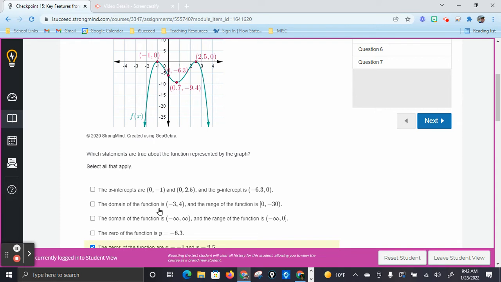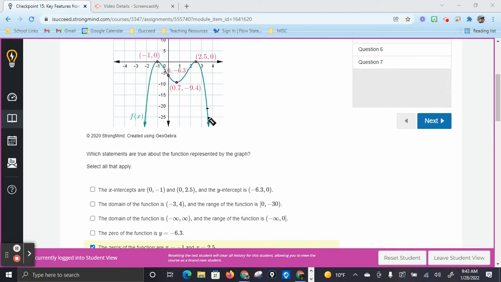Okay, so now it has something about the domain of the function. So domain is what x values are working for this graph. I can very clearly see specific x values, like the value of -1 is on the graph, the value of 2.5 is on the graph, but we also have other coordinates. This coordinate over here, maybe 3.5, is also on the graph, so it's working for the graph.